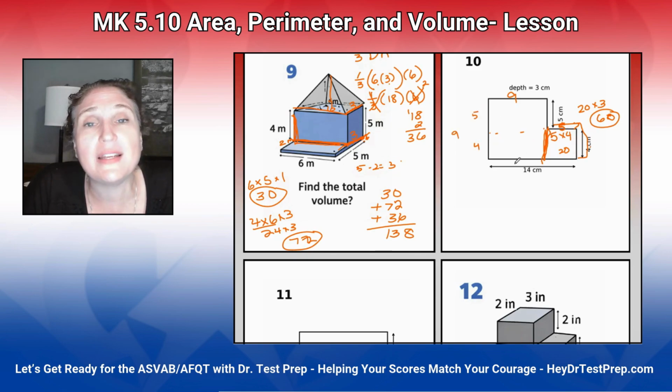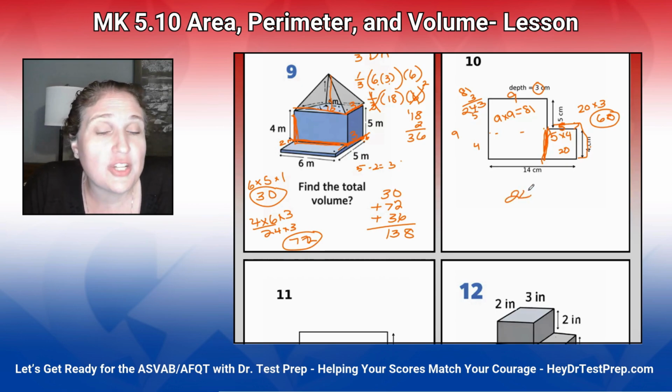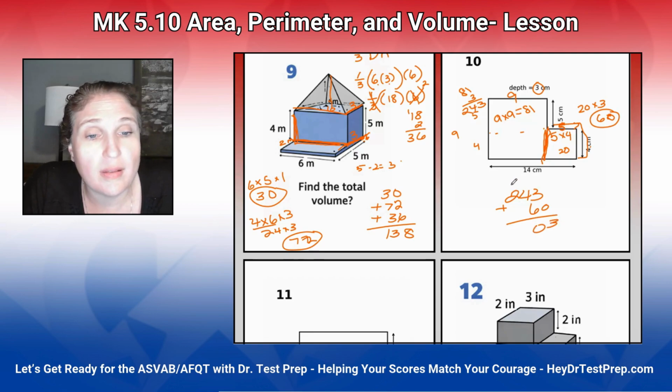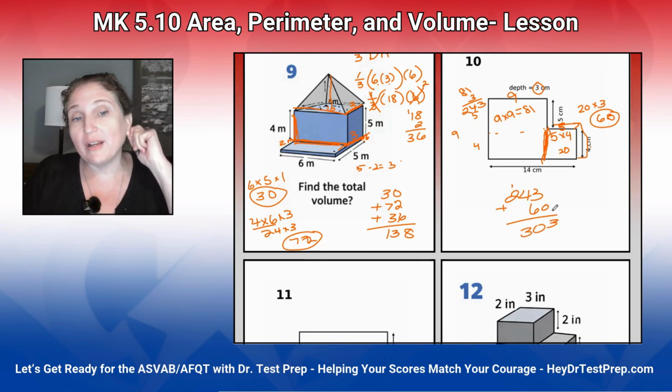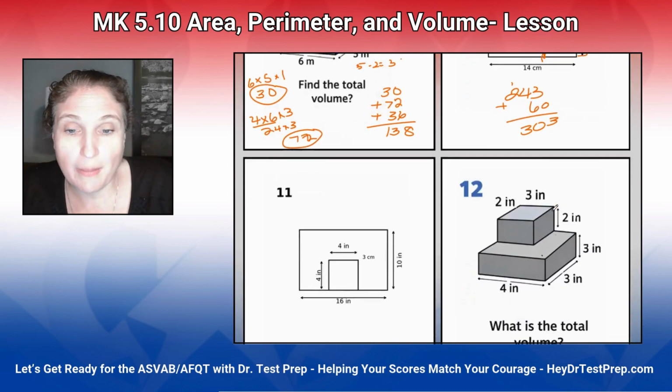So I have 9 here. So this box is 9 times 9, which is 81, times that 3 for the depth. So then I just add up the volumes of both and get a volume of 303. And like I said, on yours, you'll have those two, that number there.